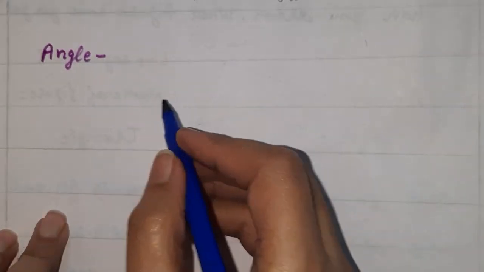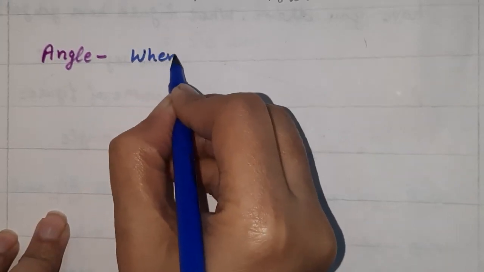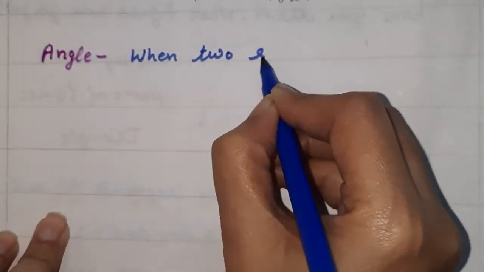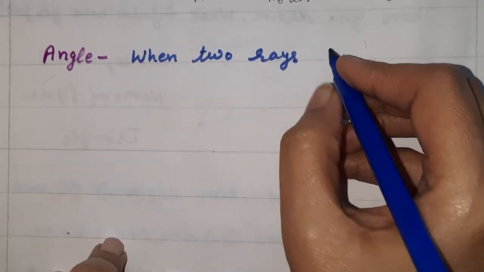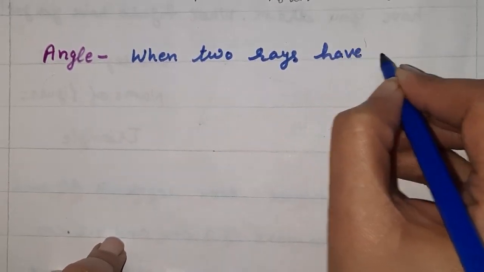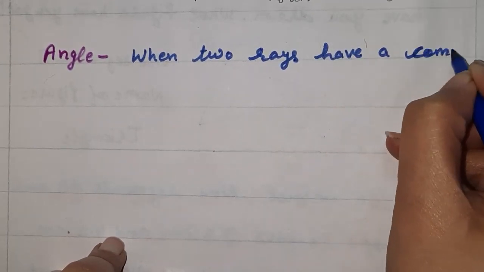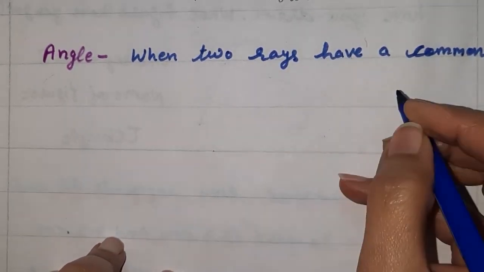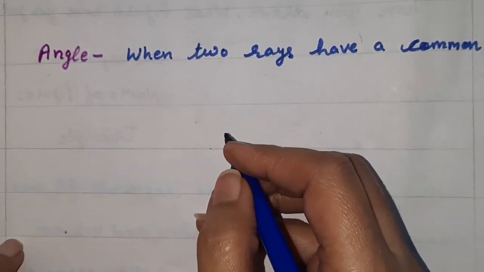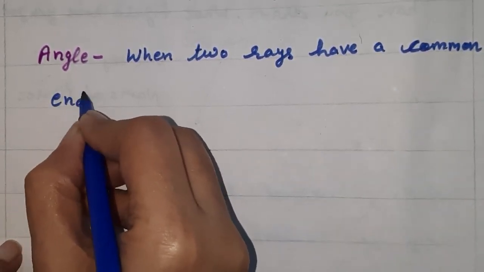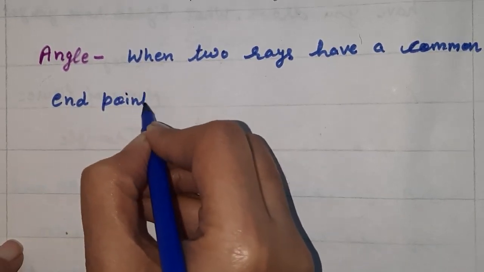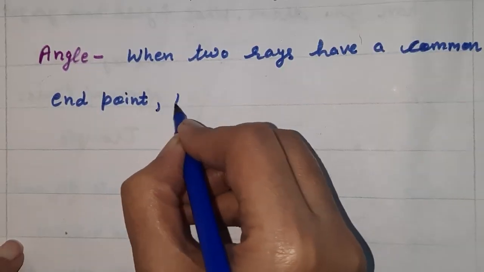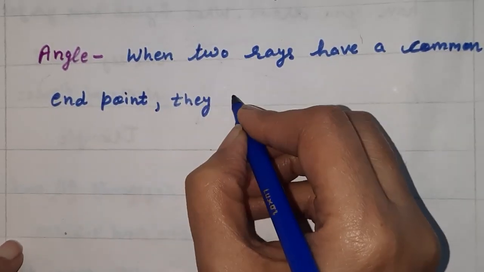Now move to the next subtopic, angle. What do you mean by angle? When two rays have a common end point, they form an angle.